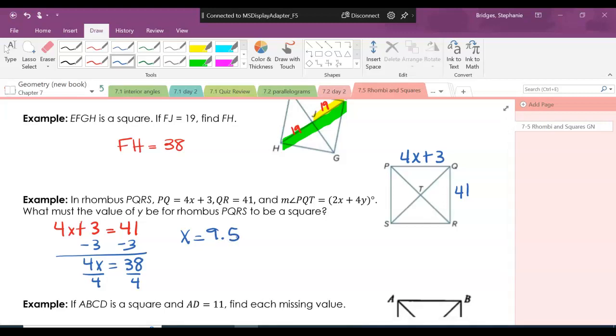Now, before we move into the second part of my question, let me ask you this. Talking specifically about squares, what are all four of my angles in a square? Right. And then it tells me that when I draw my diagonals in, I cut those in half. What's half of 90? 45.